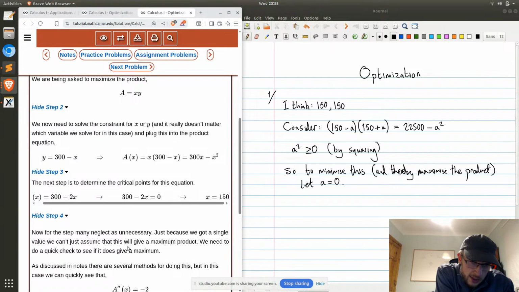But why are you doing that? Well, because that helps me find the absolute maximum, which is what I want, isn't it? And so I need to find where the derivative is equal to 0.